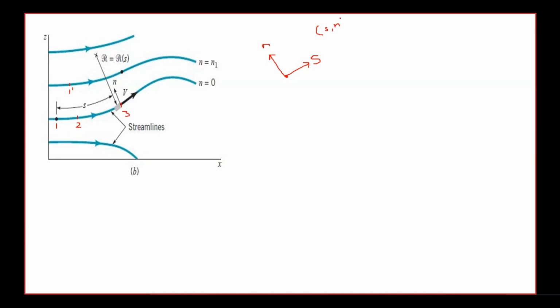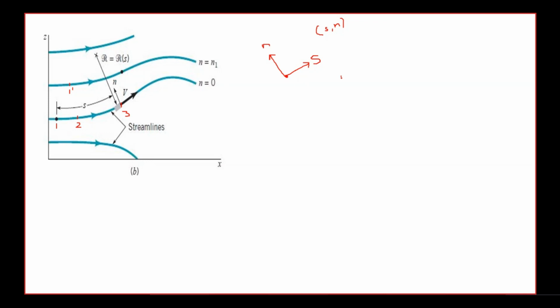S is parallel to the streamline and N is normal to the streamline. Whatever happens, if the position is changing, S will account for that. And if the streamline is changing, the normal component will account for that as well. So is the use of the new coordinate system clear? Yes, sir, just to simplify our problem.